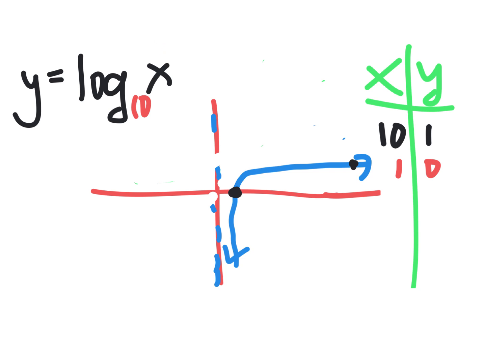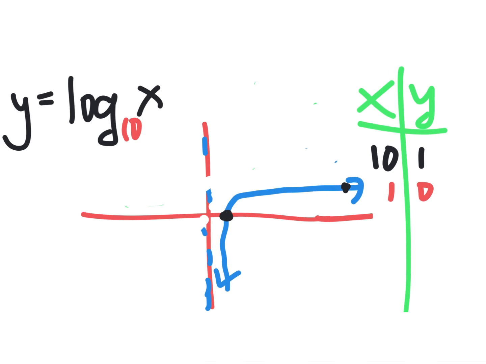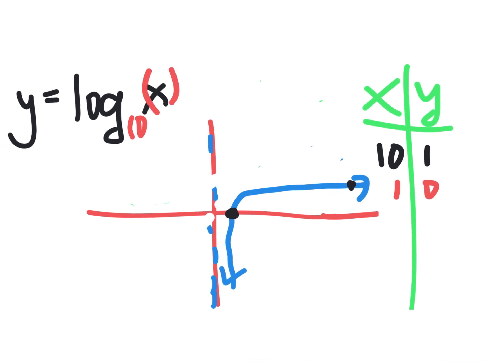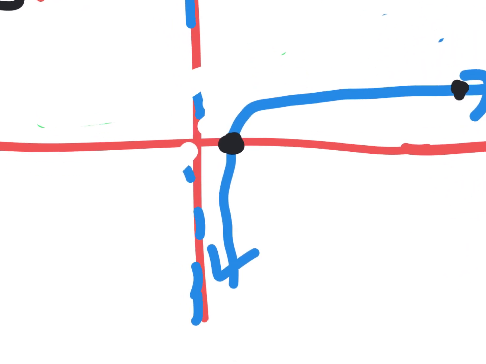1/10. Very nice. If you're pondering that, I hope you realize that's like 10 to the negative 1. So 1/10 then is like 10 to the negative 1. So the answer is negative 1. So I guess my graph should really go through more like that.